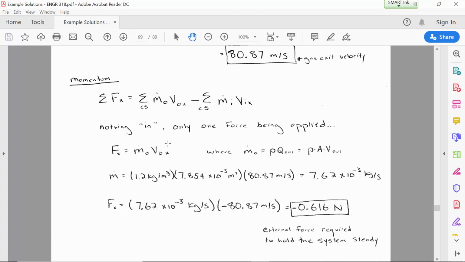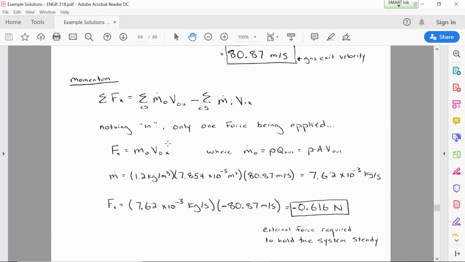Because it's density, area, velocity, that's your momentum term, and then you're multiplying it by velocity again. If you do this, though, you run the risk of not knowing when the force is negative versus positive, because when you square a number, if the number was negative, now it becomes positive. Keep in mind that mass flow rate is a scalar. It doesn't have direction, so it's only going to be positive.